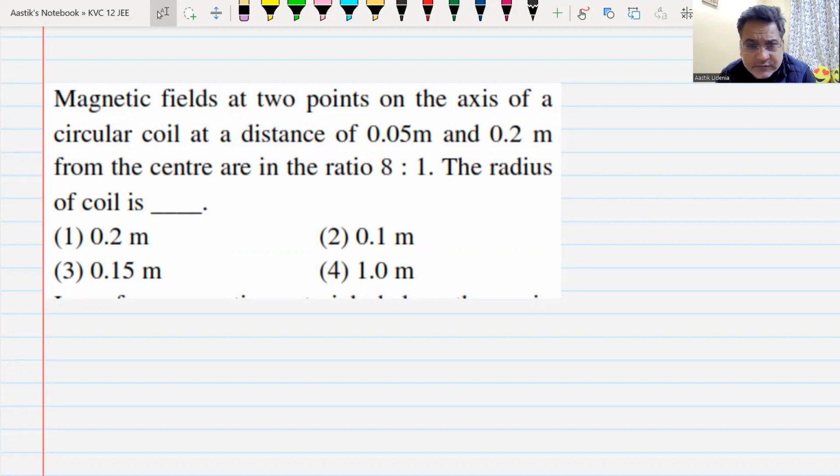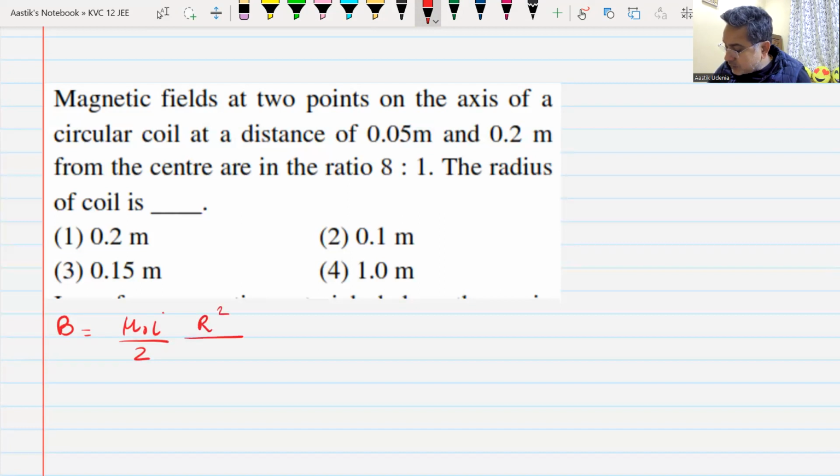Yes, that's it. From there you will get magnetic field B is equal to mu naught I by 2 times r square upon r square plus x square raised to the power 3 by 2. That's it. That is what you need to apply. Nothing else.